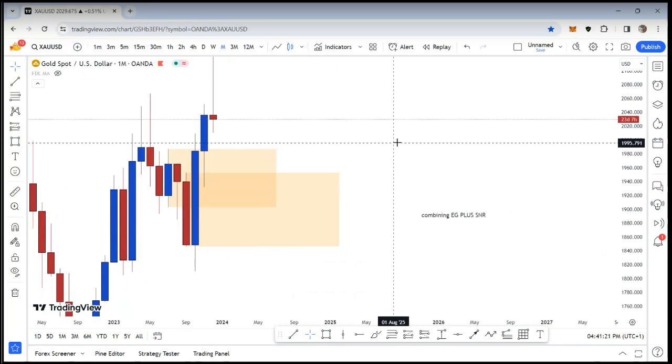Now, did I speak with you guys about OHLC, open, high, low, close? Not specific. I think I never mentioned that with you guys.